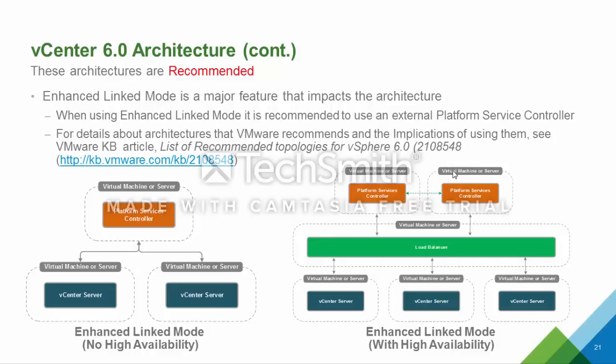If we want to add high availability with enhanced link mode functionality, of course, we can have our two PSC controller configurations, as on the right-hand side of this diagram. Our virtual machine or server integration with load balancing leads out to the various virtual machines with vCenter loaded in, and it helps us achieve high availability protection for vCenter based services.